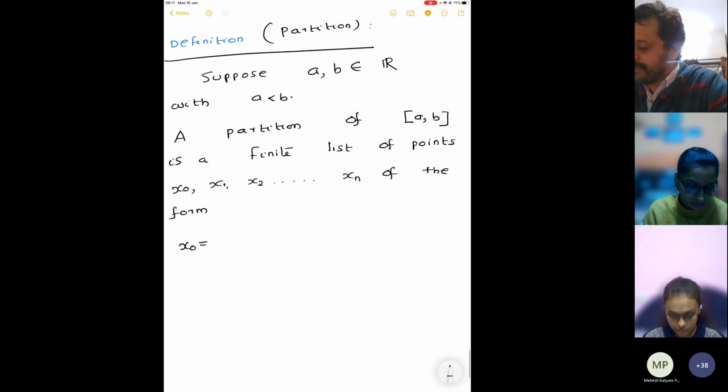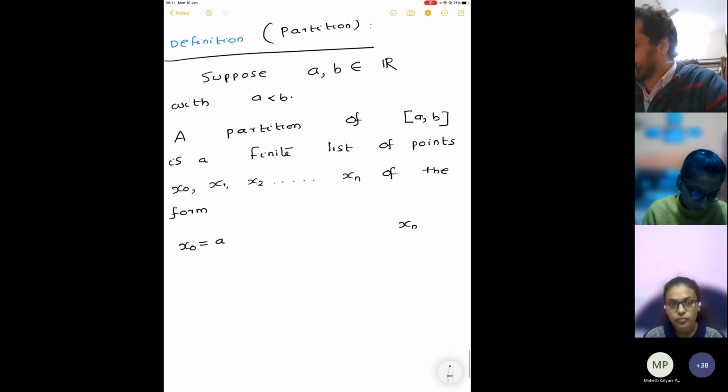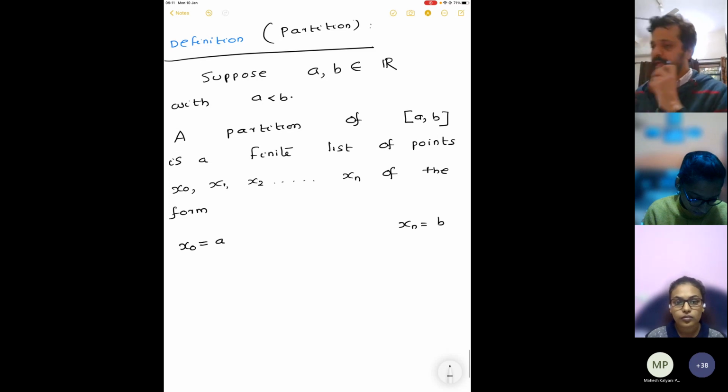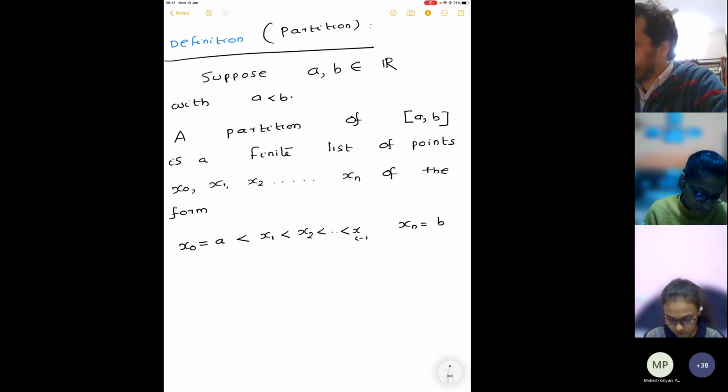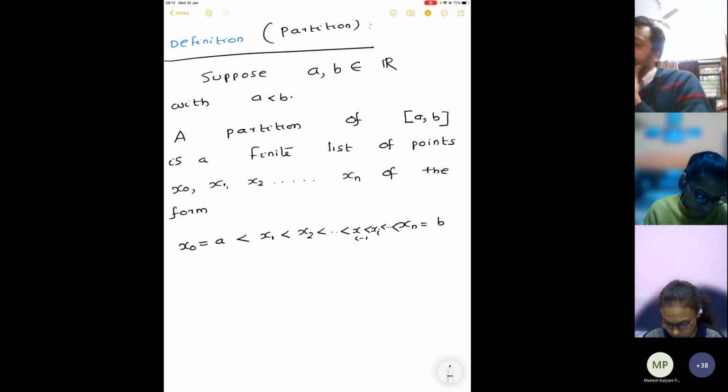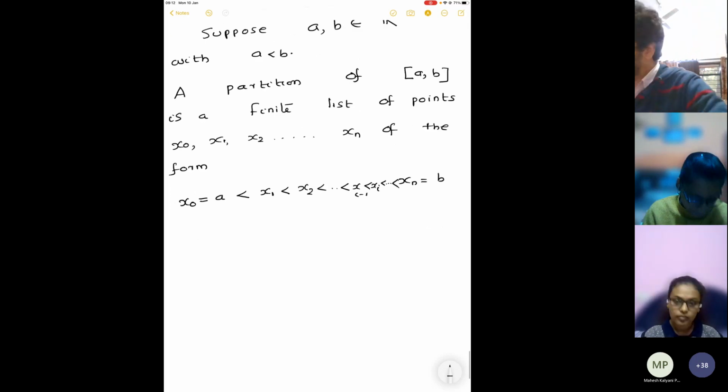The last one, xn, should coincide with b, and it should be strictly increasing: x0 less than x1, less than x2, and so on, less than xi minus 1, less than xi, and so on. Any finite list of this kind is called a partition.